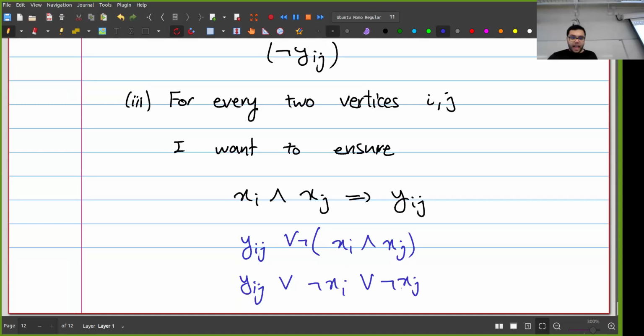And this is a CNF formula. So I add this clause.